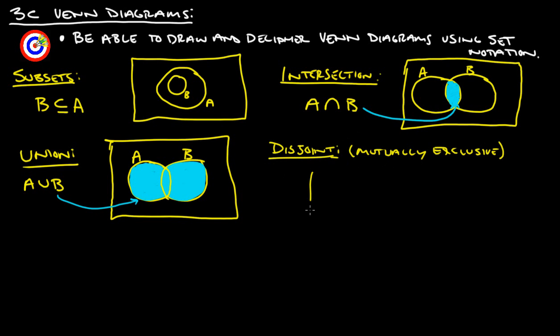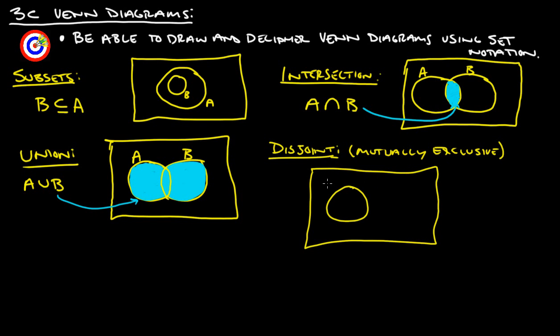Say here is set A, and if it's disjoint, it doesn't have anything in common, so set B is going to look like that, and there is nothing in common with either of those.